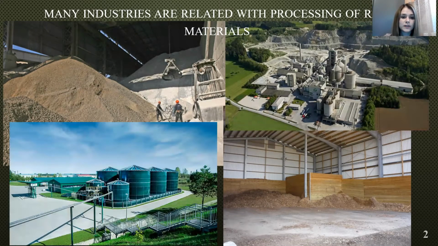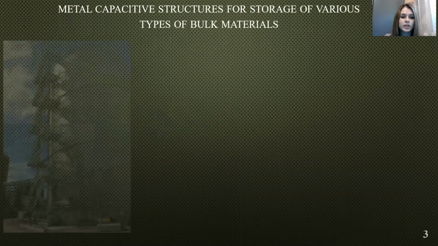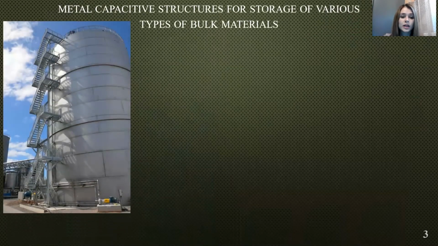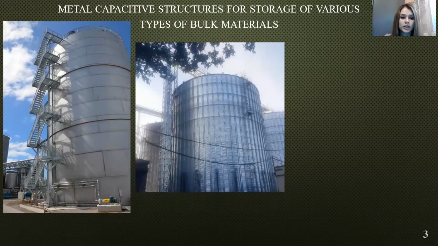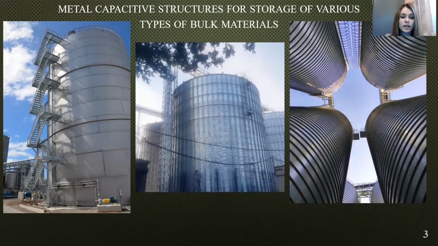Metal capacitive structures for storage of various types of bulk materials are one of the most common types of building structures. The dimensions of the silos, their shape, methods of support on the foundation, as well as the location in the plan, are assigned in accordance with the requirements of the technological process.